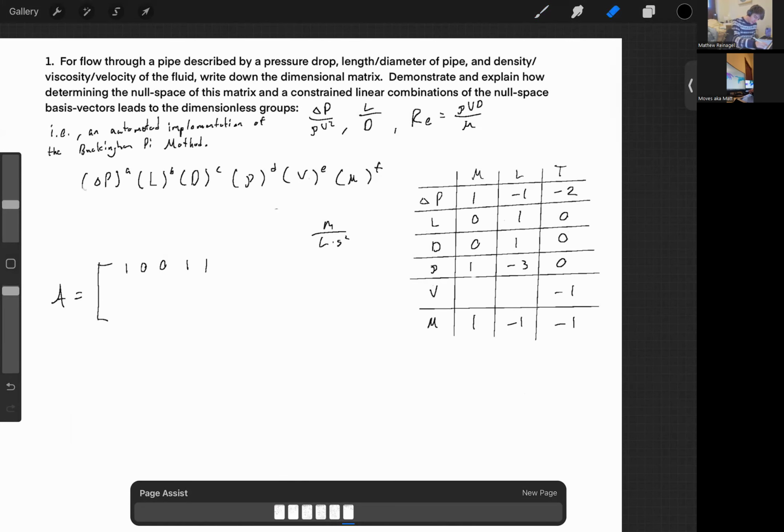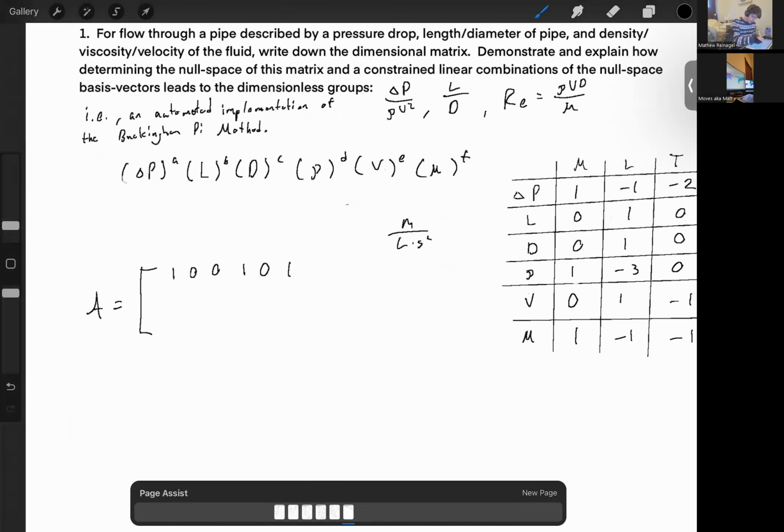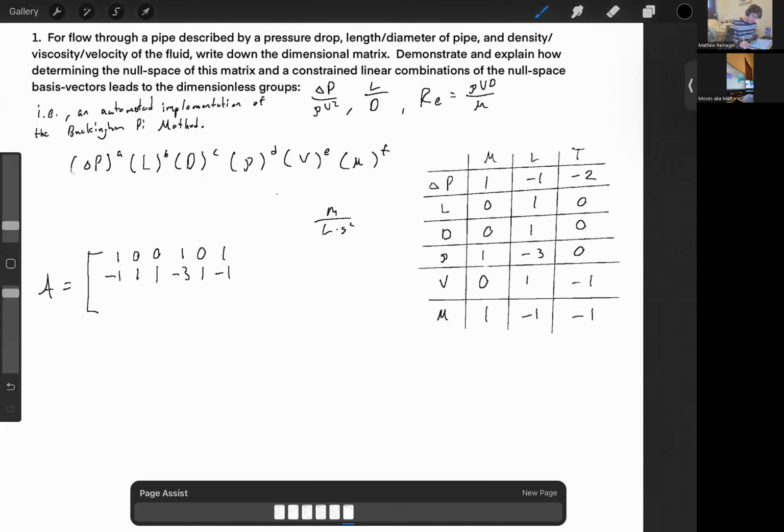Velocity is length, not mass. I thought that was wrong. 0, 1. Okay. Now we're going to do the same thing for length. We have -1, 1, 1, -3, 1, -1. And then for time, we have -2, 0, 0, 0, -1, -1.